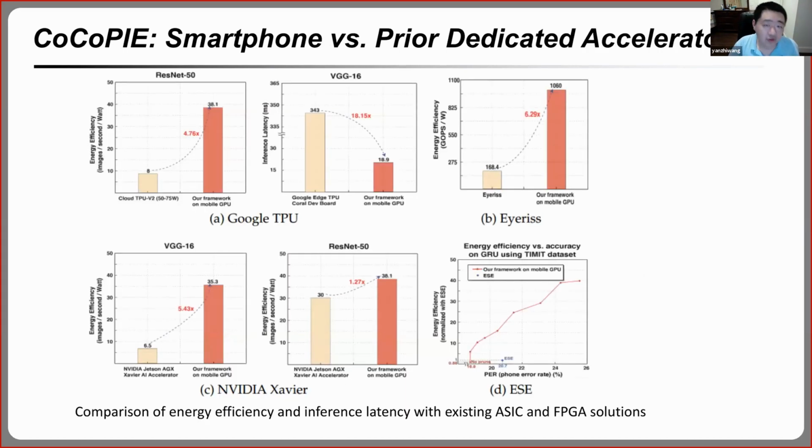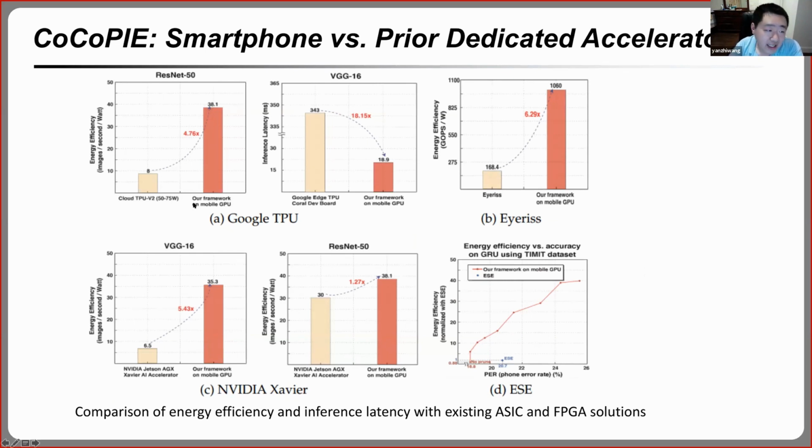And here we show even more results when comparing with dedicated accelerators. We compare with the Google TPUs, we compare with Eyeriss, we compare with NVIDIA accelerators, we compare with FPGA solutions. We can also compare with others like Cambricon and other things.